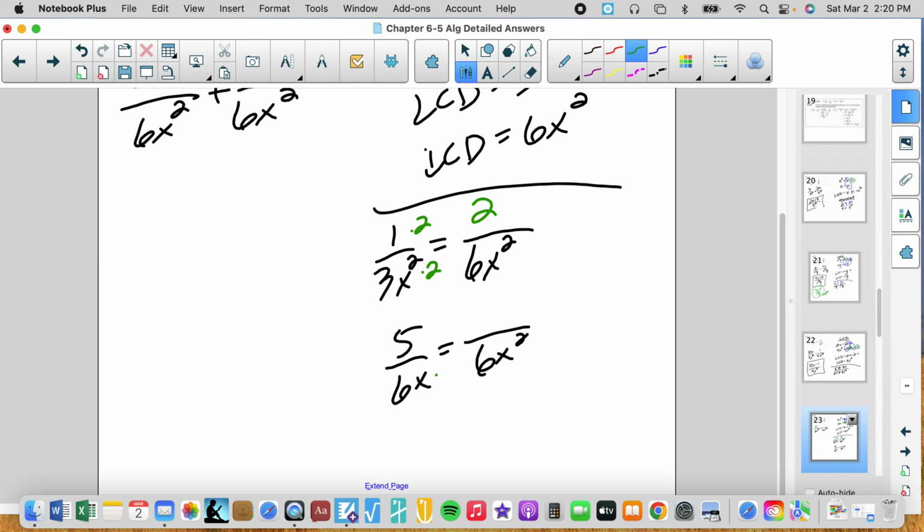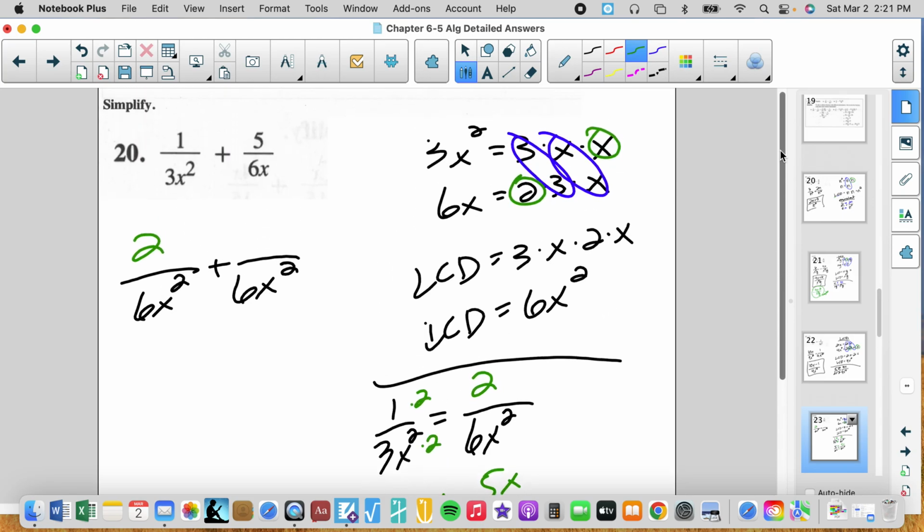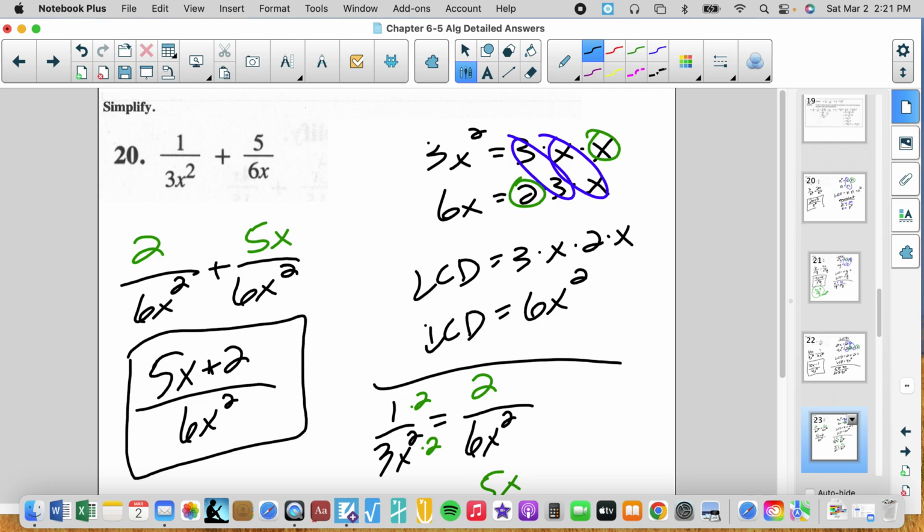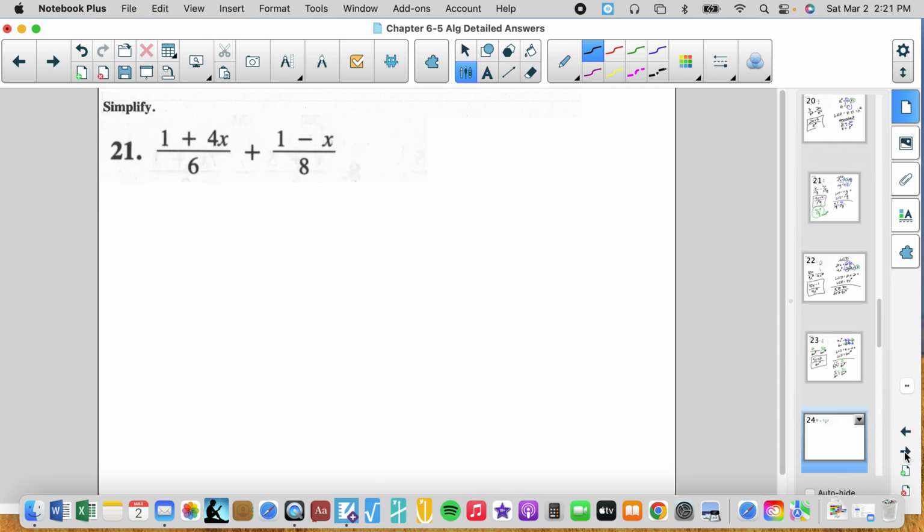We're going to multiply that by x, which gives us 5x. And now that we have common denominators, we can combine their numerators. Those are unlike terms, so we can't do anything more than just writing them as a sum of two terms.